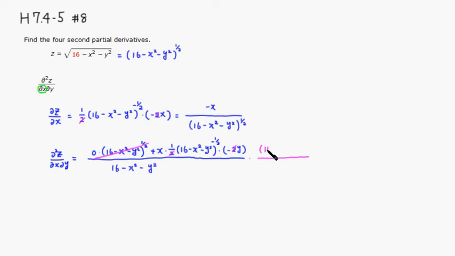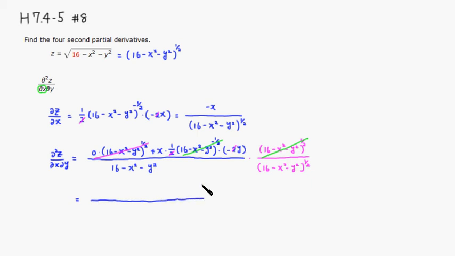On top it's going to be quantity 16 minus x squared minus y squared raised to the 1/2 power, and on the bottom the same thing. That way we can cancel these guys out, and this is just a reciprocal. Then let's pick up the leftover pieces.